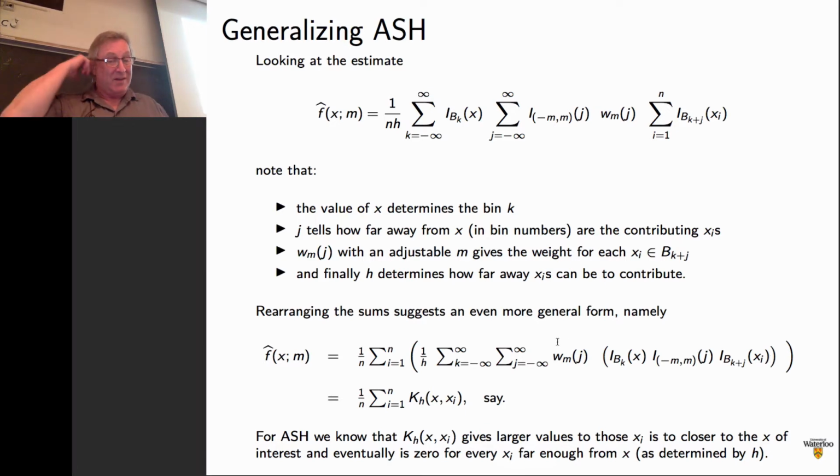So all that matters in here really is this weight function, the x value that you're interested in evaluating it at, and the data that you had to start with. So let's call that 1 over n, summation i equals 1 to n, K_h of x and xi. So just some function. Again, ugly mess, and we're going to make that simple by just saying that's all that really matters.